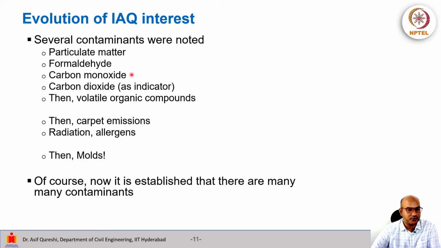Then carbon monoxide, carbon dioxide, then volatile organic compounds that are also widely used, then things like carpet emissions. Then people started to think maybe radiation is important, then allergens and molds. So over time, as you see, the list kept on increasing, and now it is established that there are many contaminants. So we have a very wide list of contaminants.